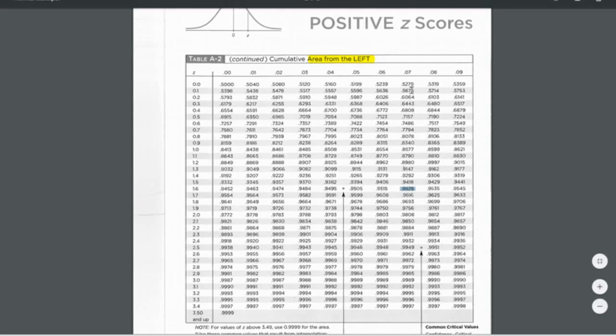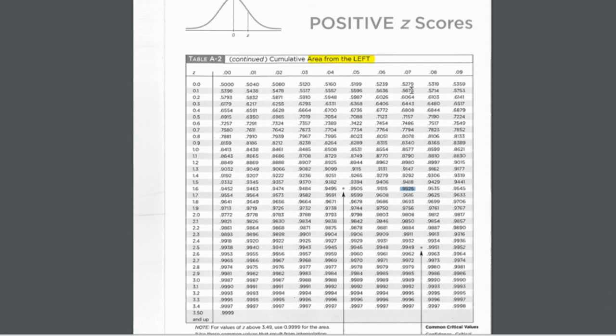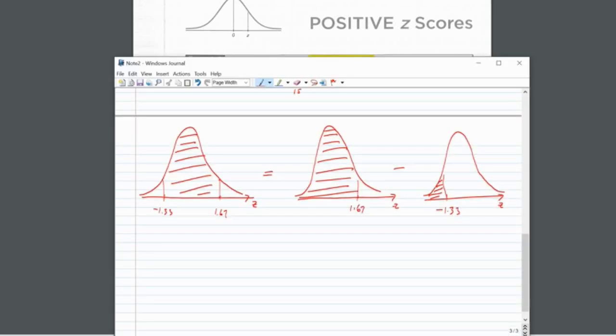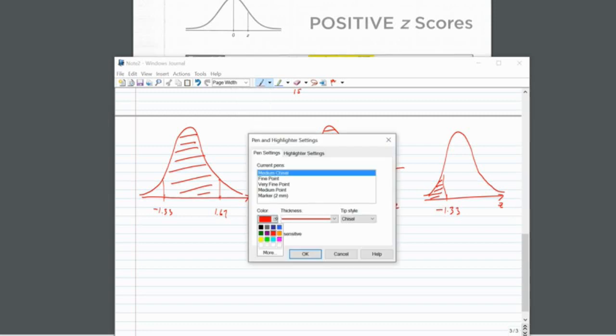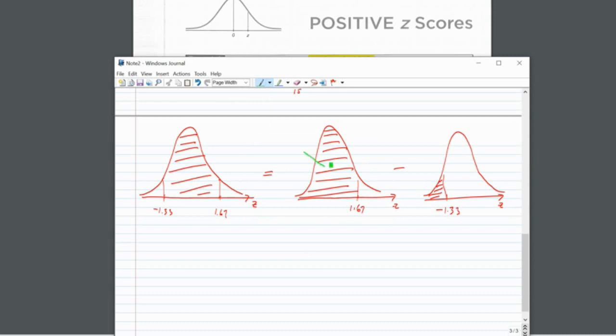That is 0.9525. So let's write it down. This area is 0.9525. And similarly we have to find this area, the area to the left of negative 1.33.